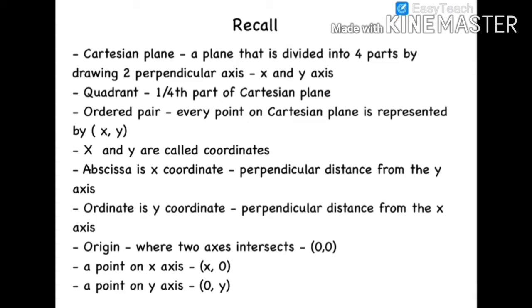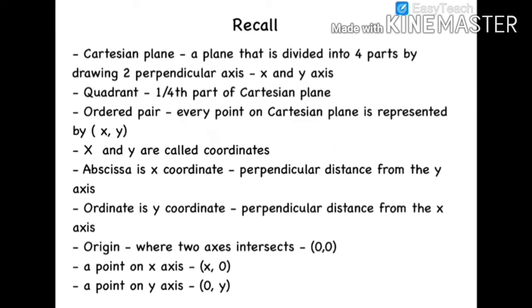If we have a point that lies on the x-axis, then its y coordinate will be 0 and we will write it in the format x, 0. If we have a point on the y-axis, then its x coordinate will be 0 and it will be written in the format 0, y.